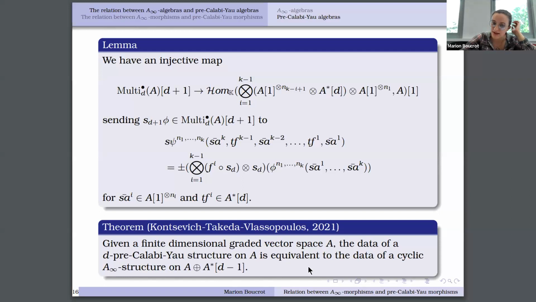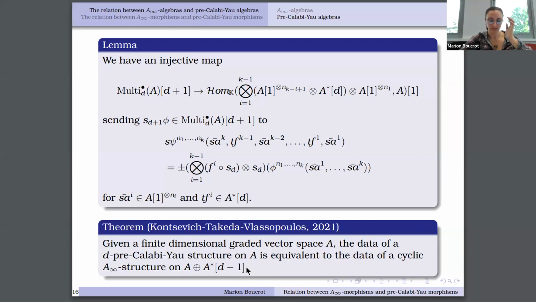So this pre-Calabi-Yau structure on a finite dimensional graded vector space should be equivalent to the data of a cyclic infinity structure on this space that restricts to A. So if I add here the condition that A should be an infinity subalgebra of this space, or equivalently, one can say that this infinity structure has to restrict to A. Yeah, thank you.